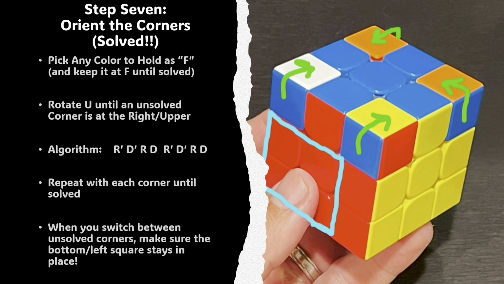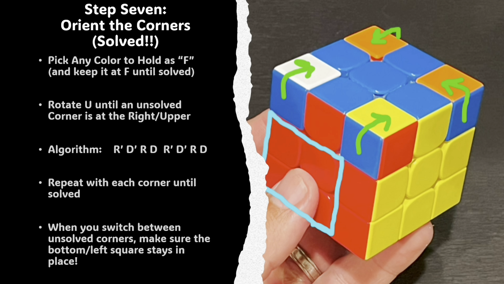R prime, D prime, R, D, R prime, D prime, R, D. You check to see if it's done, if it's correct, and if it is, you're done. Once the blue tile is facing upward, you are done with that corner.